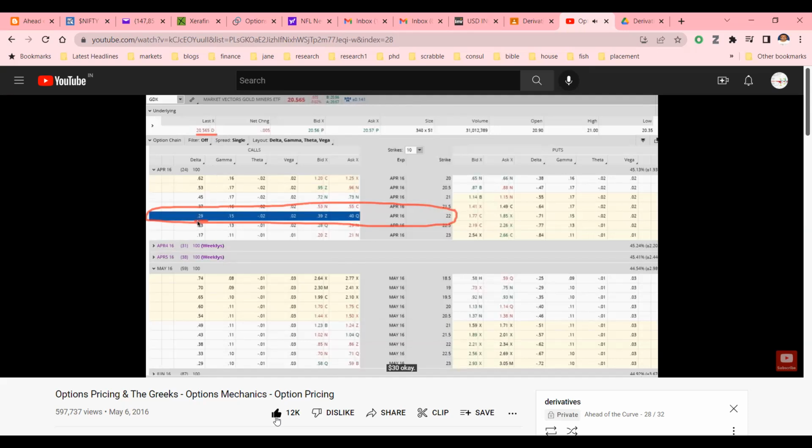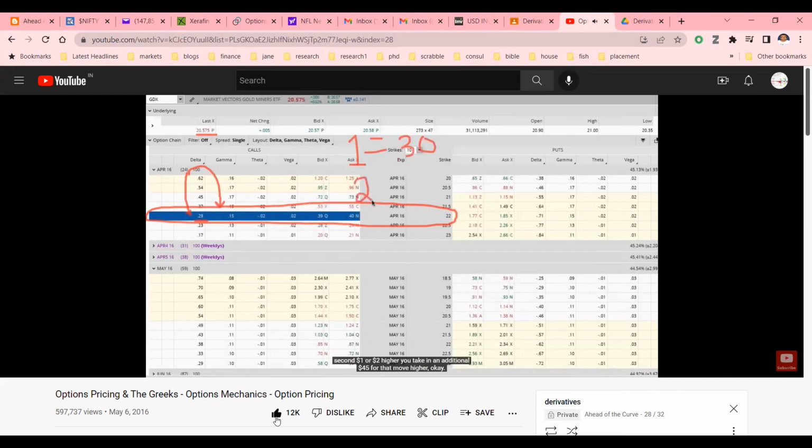If it goes up another dollar from there, from 21.56 to 22.56, you'll make another $30 plus the additional dollar is going to get you another $15 of profit. So the first dollar up in GDX, you basically take in $30.